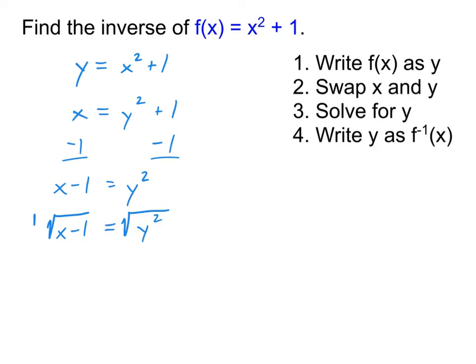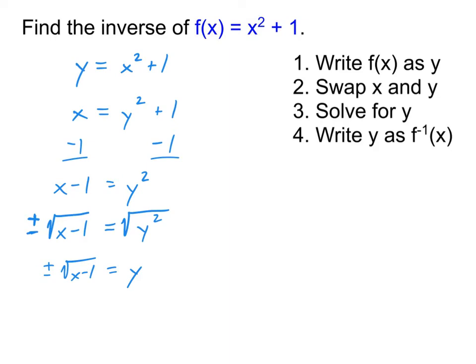Hopefully, you're remembering that plus or minus. Notice the plus or minus goes on the side where the squared wasn't. And so in this case, we end up with plus or minus square root of x minus 1 equaling y. Now, in the original, it was not y equals. It was f of x equals.